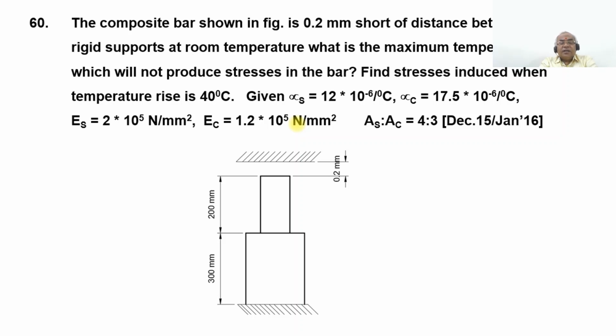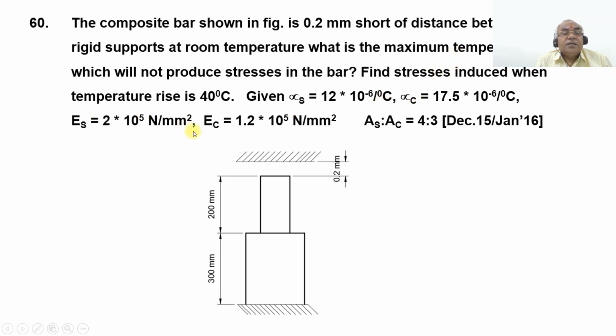So given alpha S is 12 into 10 to the power of minus 6 per degree centigrade. Alpha C is 17.5 into 10 to the power of minus 6 per degree centigrade. Young's modulus of steel is 2 into 10 to the power of 5 Newton per mm square. Young's modulus of copper is 1.2 into 10 to the power of 5 Newton per mm square. So here this is a composite bar made out of steel and copper.